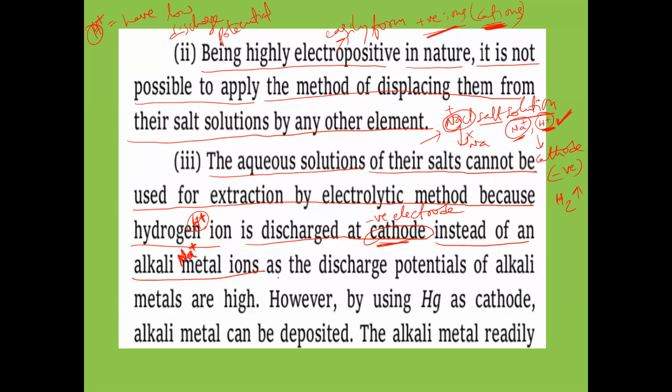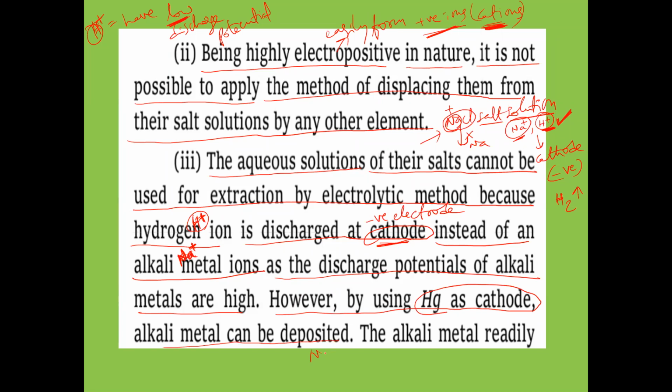Okay. So the discharge potential of alkali metals is high, while hydrogen has low discharge potential. Therefore, alkali metals have high discharge potential. However, by using mercury as the cathode, the alkali metal can be deposited.